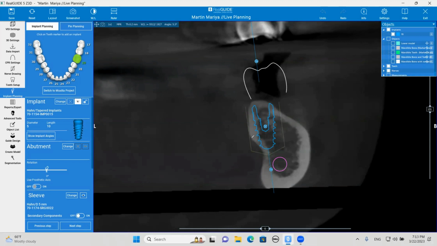So the problem that we have with the positioning of this implant is it is way too close to that lingual cortical plate. One complication that can arise from perforating that lingual cortical plate is you have the submental artery in that area.